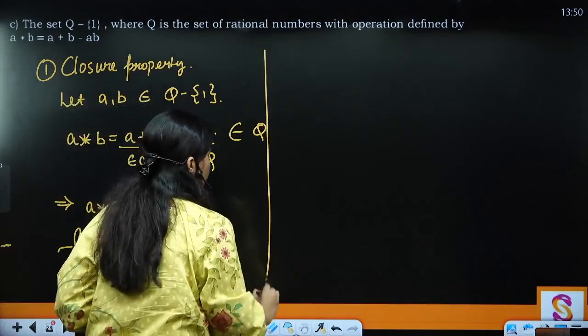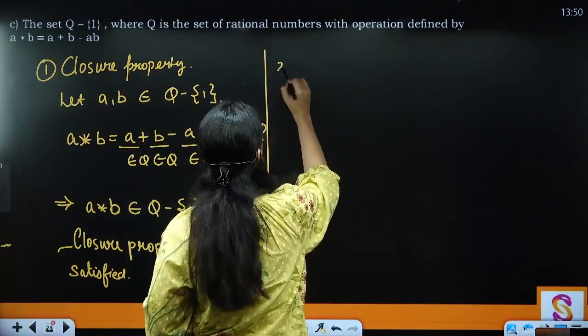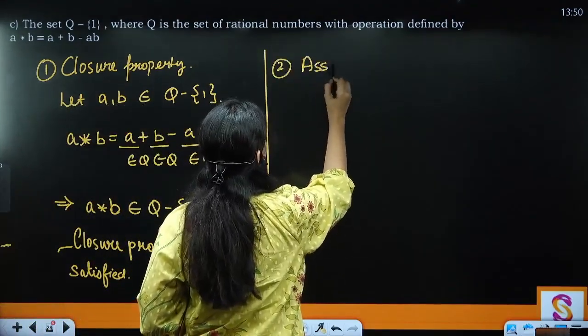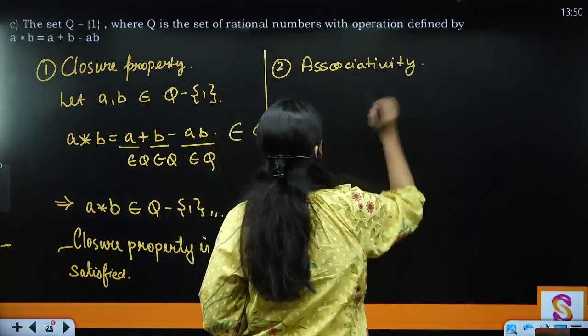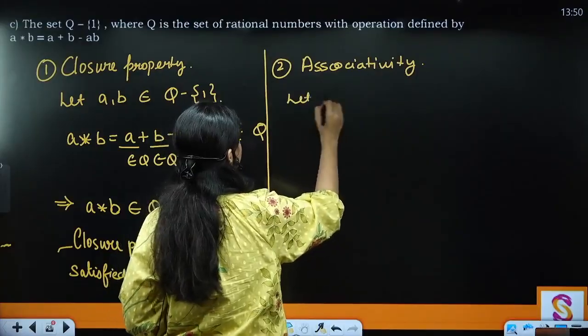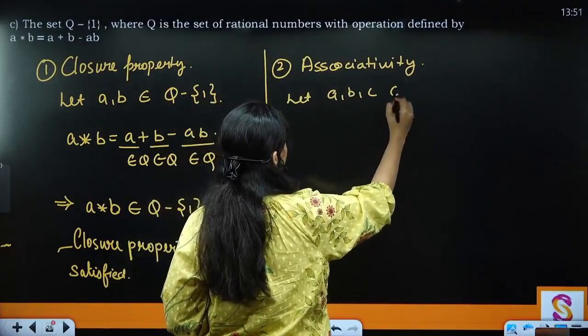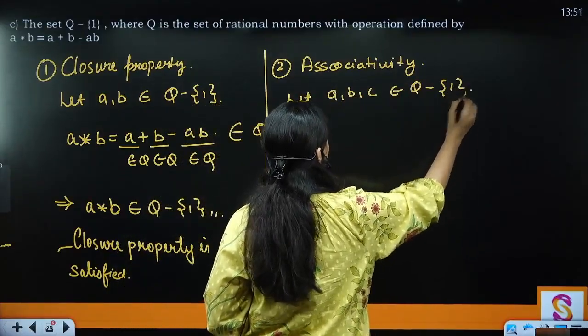Next, we have associativity. Let A, B, C belong to Q minus 1.